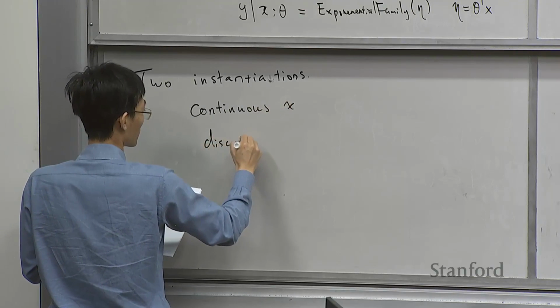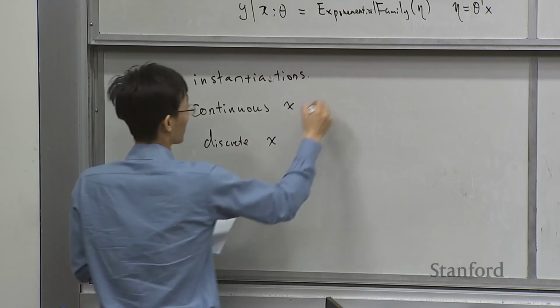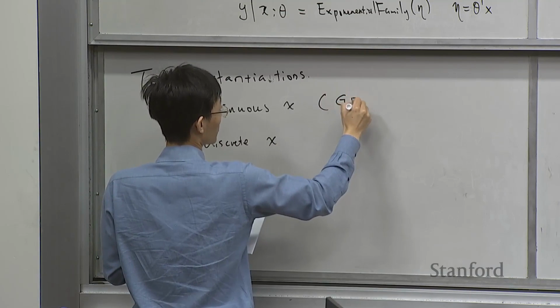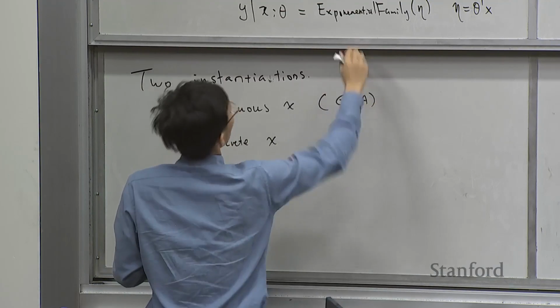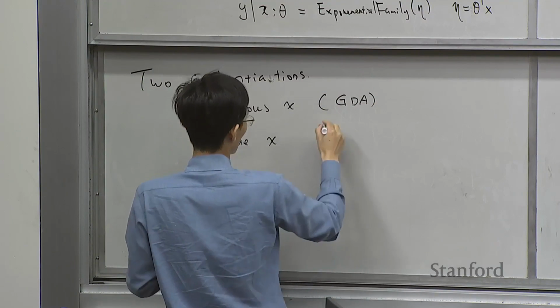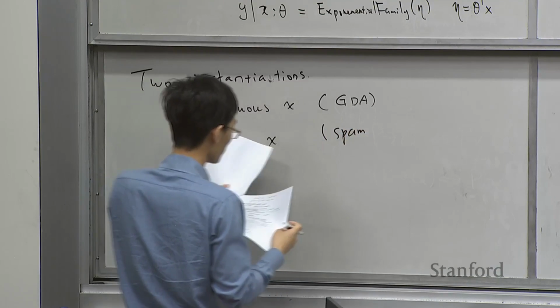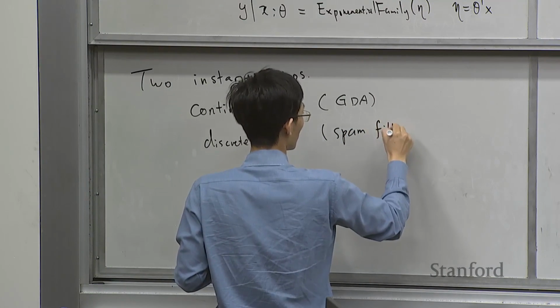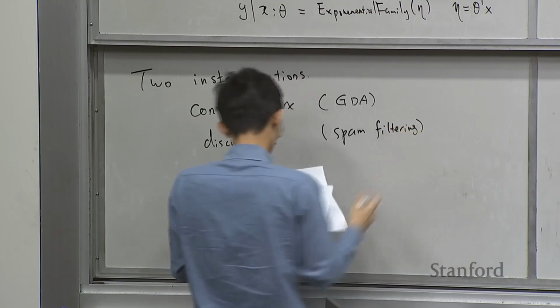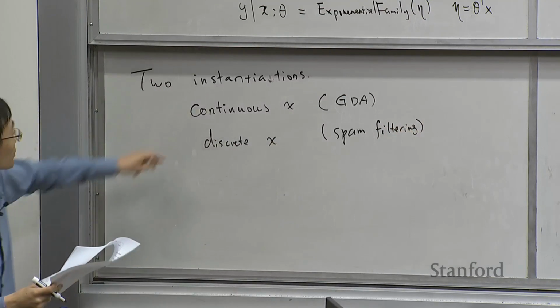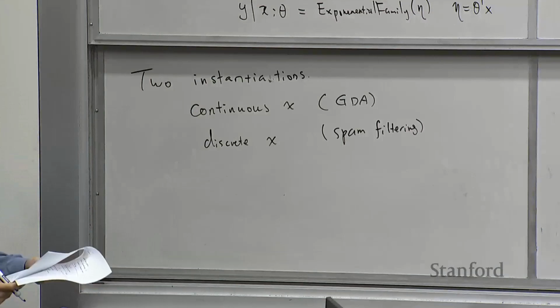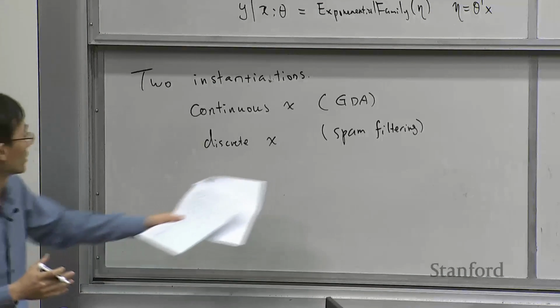The continuous x case is called Gaussian discriminant analysis, and for the discrete x we are going to focus on an application, which is spam filtering. Today I think we're going to mostly talk about the continuous case, and next lecture I'm going to talk about spam filtering.